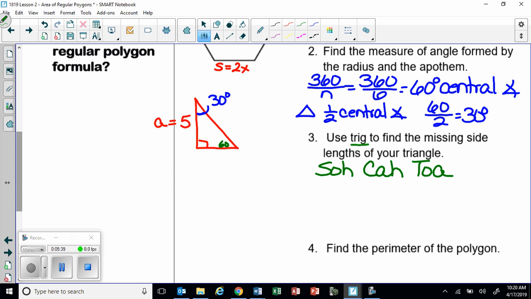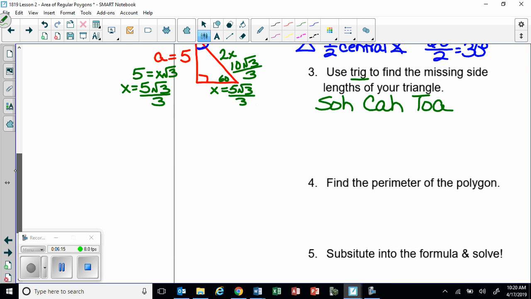But in this example, I've got a 30, 60, 90, right? So I know that if this is x, 5 is x square root 3, and this will be 2x. So let's see. x equals 5 square root 3 over 3. And this side will be 10 square root 3 over 3.